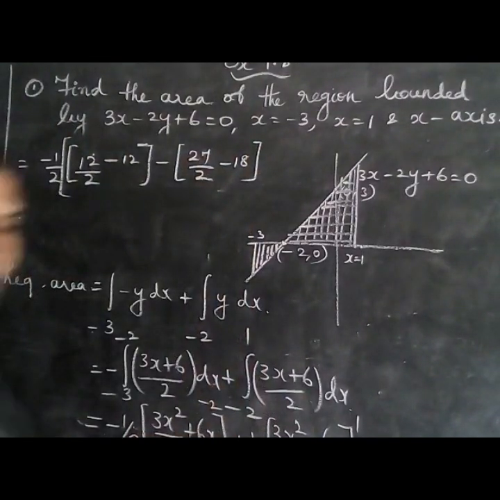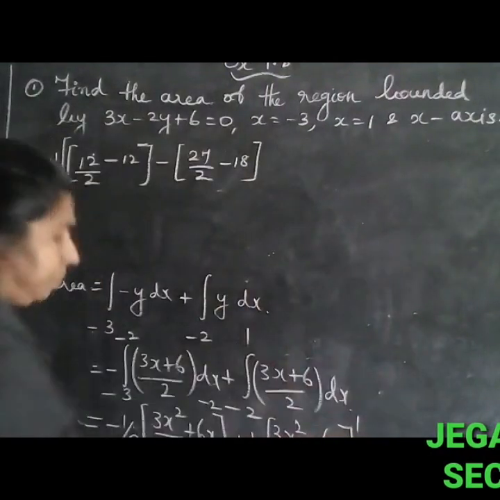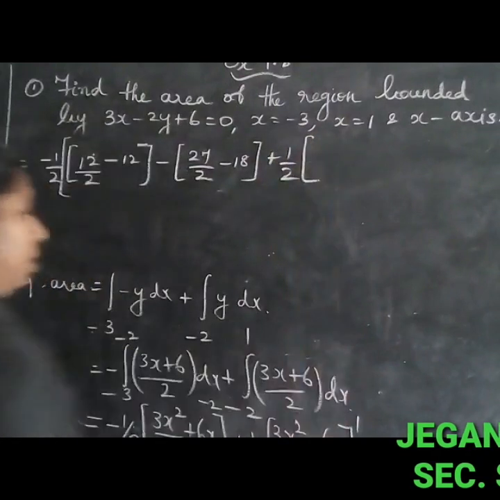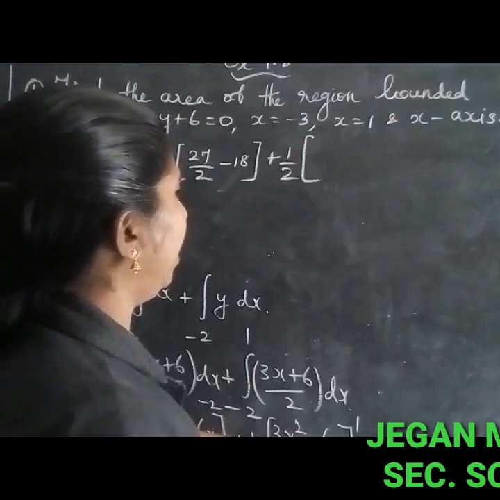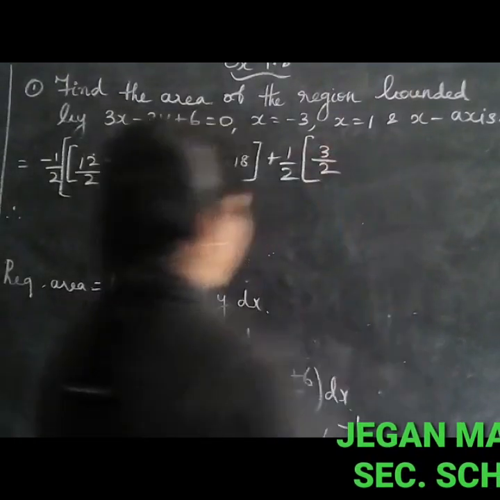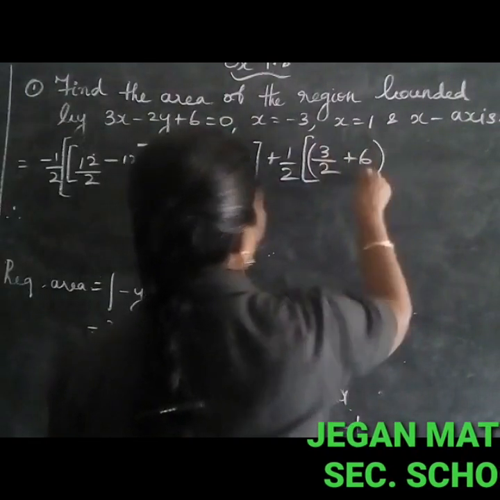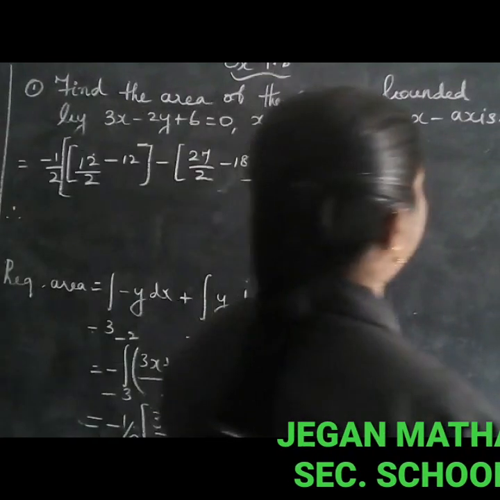Same way we can find out for the second integral also. Plus 1 by 2 into, upper limit is 1 only. So here we will get only 3 by 2, 1 by 2 into 3 by 2 and 6 into 1, plus 6. When you are substituting the lower limit, we are getting minus 2.